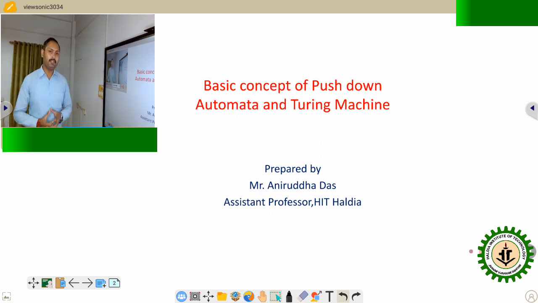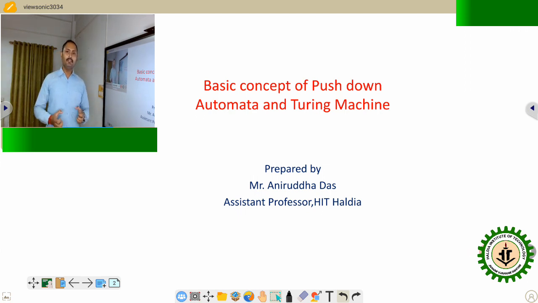These types of strings finite automata can't accept. Why? Because no memory is associated with finite automata. That is why it cannot memorize how many input symbols it has already scanned. That is the first shortcoming or disadvantage of finite automata.